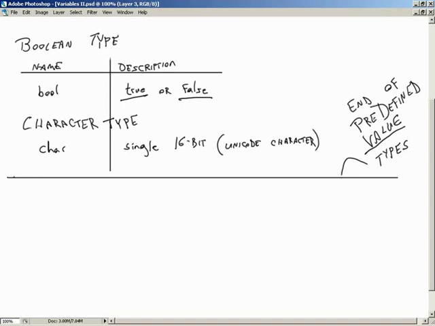Is right here. All right, now we're going to talk about predefined reference types, and we're only going to talk about this for just a second. Now there are a lot of predefined reference types when you really start digging down into it inside of C#, because of the whole foundation that's available to us, right?